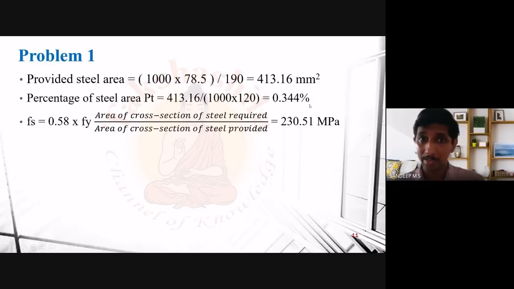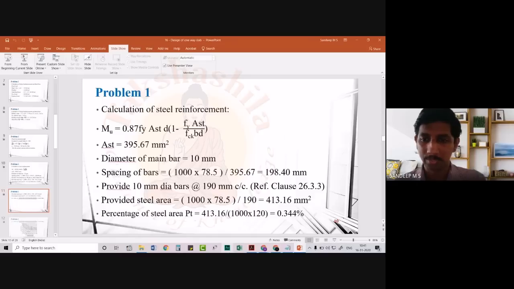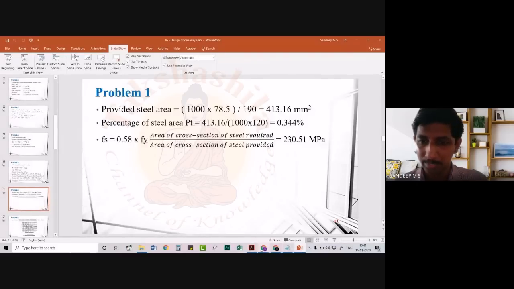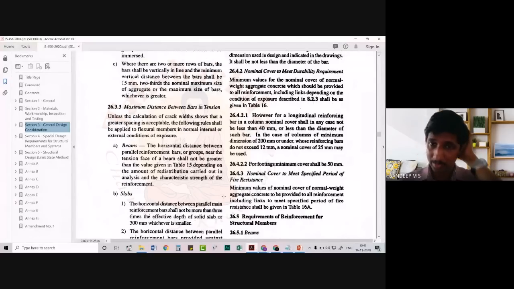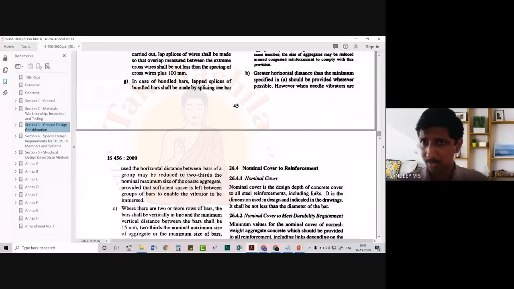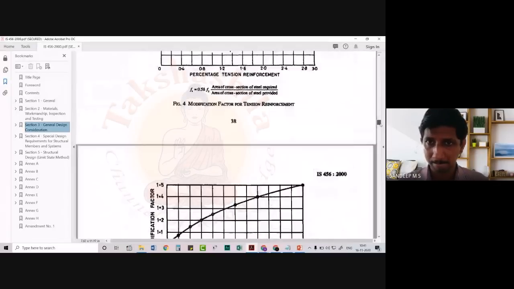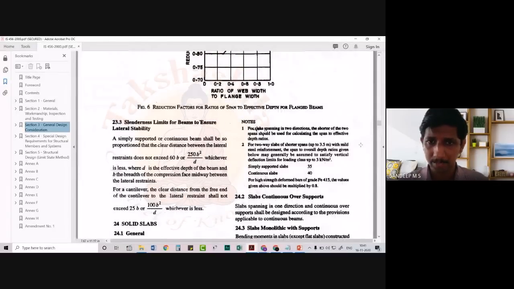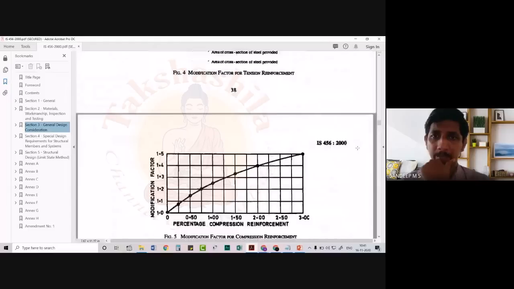Now we have to come to our code, IS 456. Let me check which page corresponds to that. I hope it was 36 or something. This was 39.